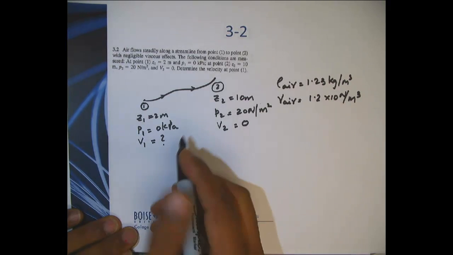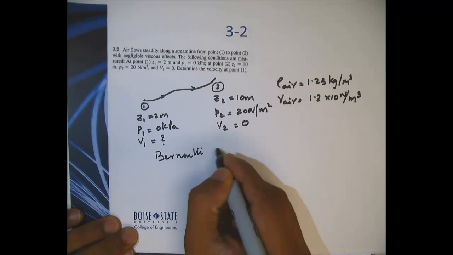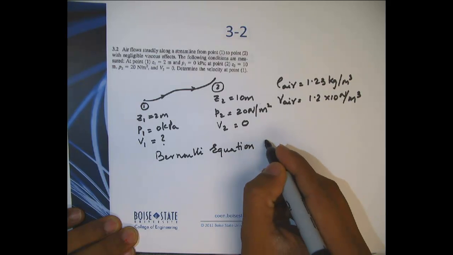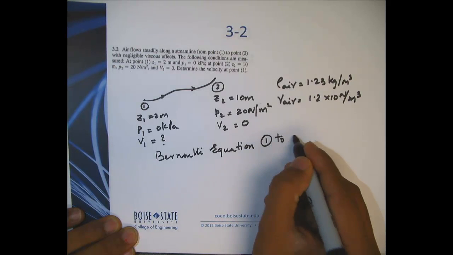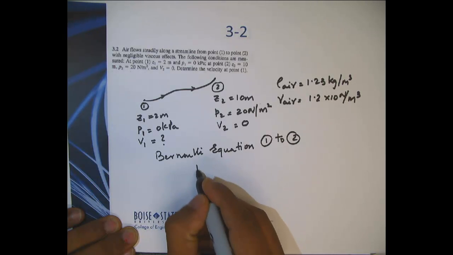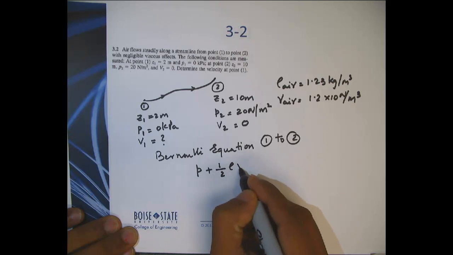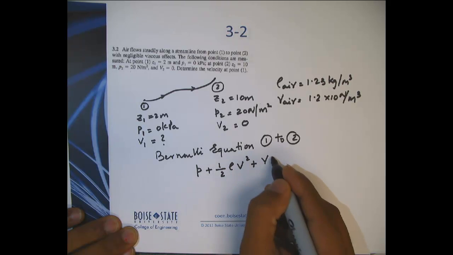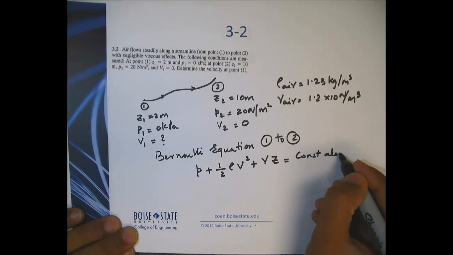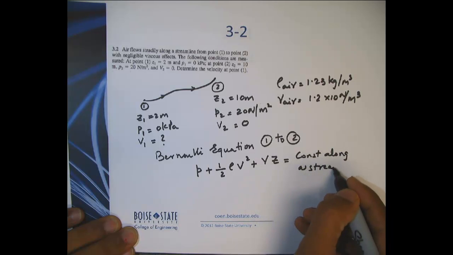Alright, so now let's apply the Bernoulli equation from point 1 to point 2 along a streamline. Let's write the general Bernoulli equation first. The pressure plus half rho v square plus gamma z is constant, and make sure you know that it is constant along a streamline.